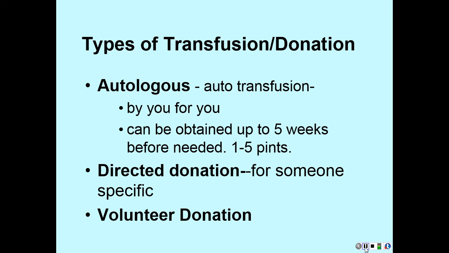You can, ahead of time, go donate blood for yourself, anywhere from 1 to 5 pints. But it needs to be done far enough ahead of the surgery so that you're not anemic when you go in to have the surgery. So up to 5 weeks ahead of time, you can start donating.